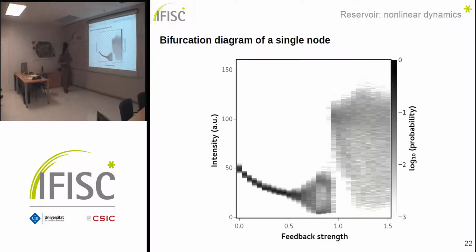In this case, the parameter that we're changing is the feedback strength, and the probability of observing an intensity or amplitude value is on this grayscale, which is logarithmic. We can see that for low feedback strengths, the system mostly exhibits fixed point dynamics, so stable dynamics, and then as you increase this parameter, the dynamics turn more turbulent until we observe chaotic dynamics.